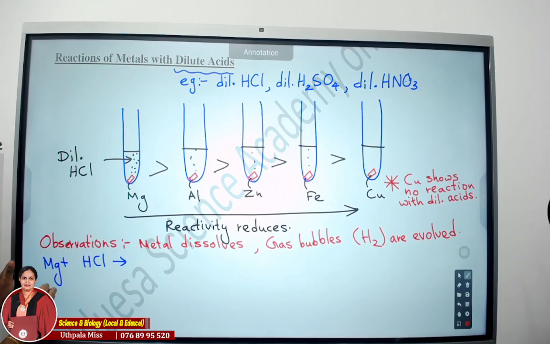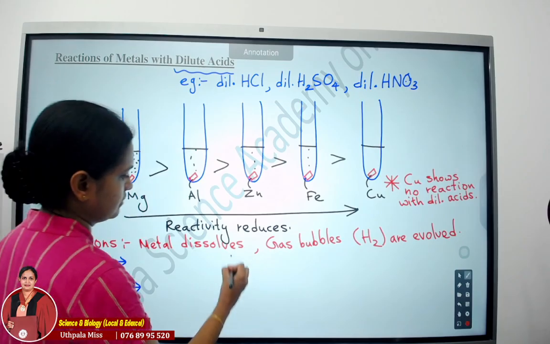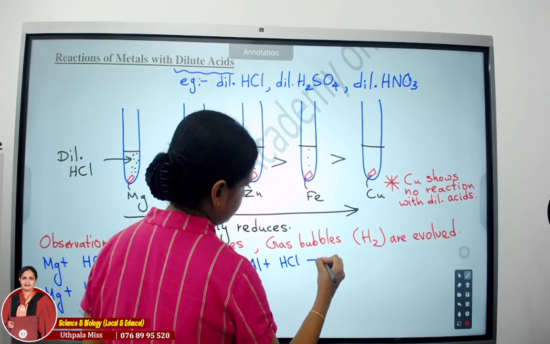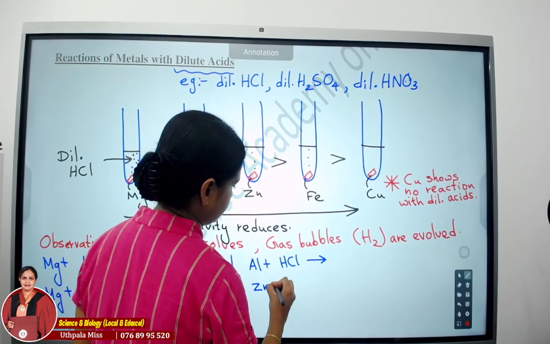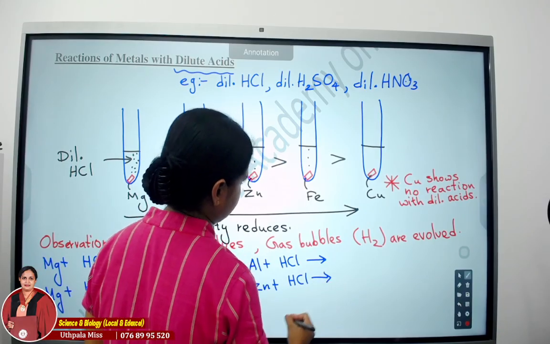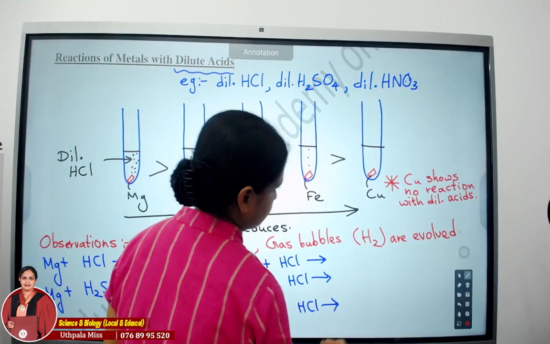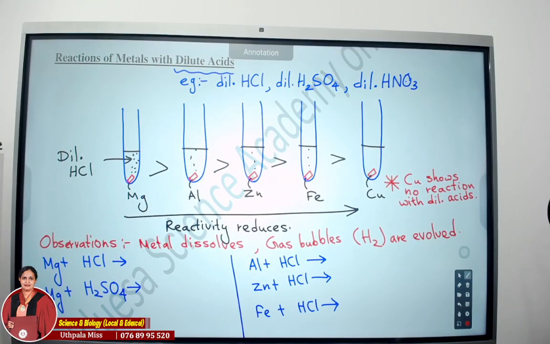Write the products if magnesium is reacted with sulfuric acid. Write the balanced equations.